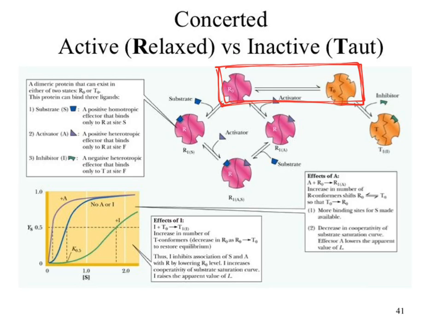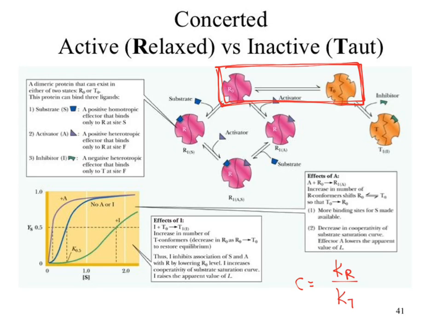If we put in the activator, what happens to the binding affinity for the substrate for the R form? It increases, which means, what did we say C was? KR over KT. If our binding affinity goes up, what happens to KR? Remember, they're an inverse relationship. That should go down.